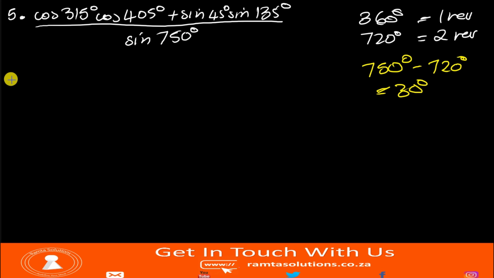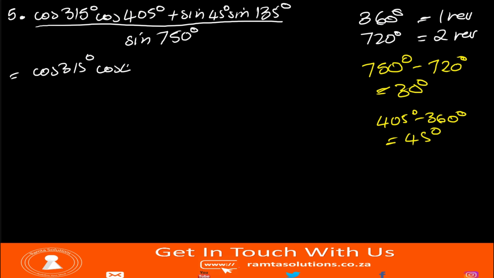What I'm going to write is this now. It's okay, you can write it like this, repeating everything, and there's another 405. 405 is greater than 1 revolution. So let me also note it here. 405 minus 360 is 45.